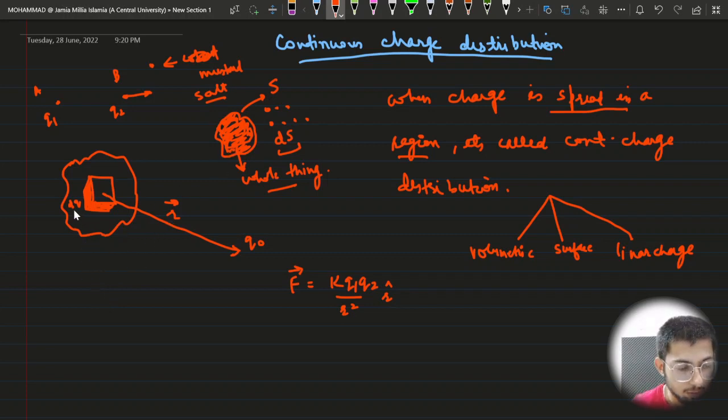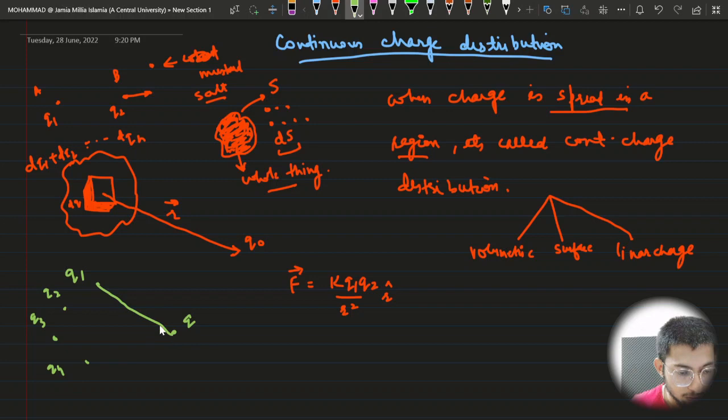This is composed of dq1 plus dq2 plus dash dash dash dqn, isn't it? There are many millions of them, so we need to find the force due to each. As I told you in another class, if there are many charges q1, q2, q3, q4 placed and we need to find the force on the charge q placed at this point, you need to find the force due to each one of these charges on q.